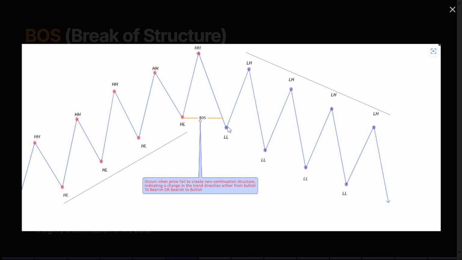The market created a new lower low here, then created a lower high, then broke this previous lower low. This is also a break of structure. Then it gave us a new lower low, came back up, made a lower high, broke this structure again, lower low, lower high, lower low. So as you can see, it's very easy to identify these trends.